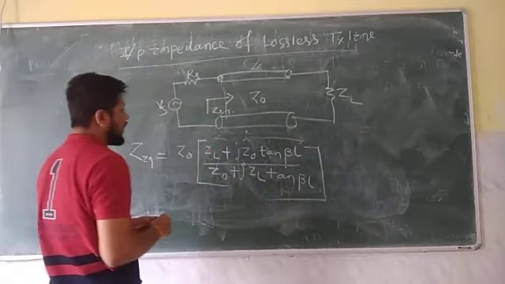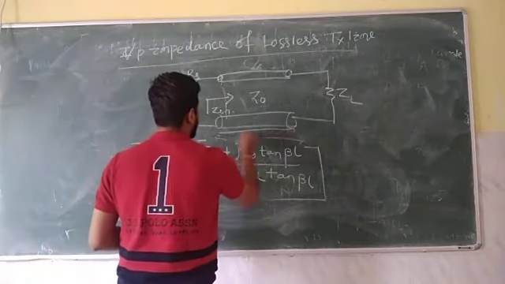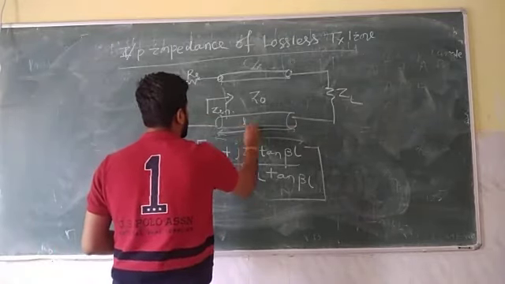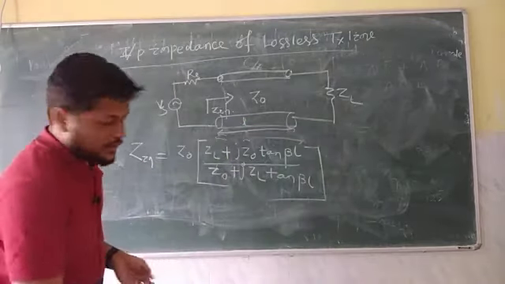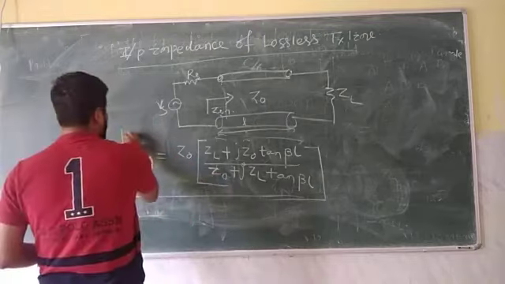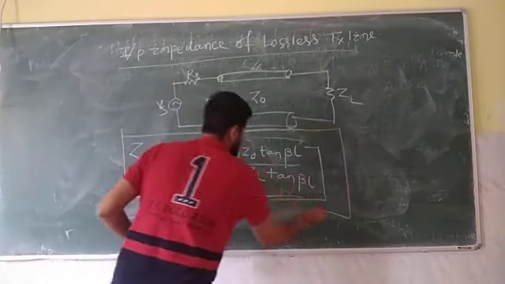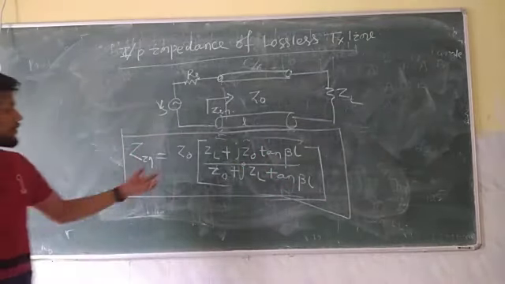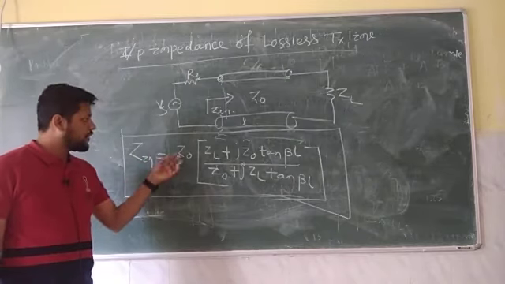Here L is the length of the transmission line. So you need to remember this formula, as there is no derivation in your syllabus.